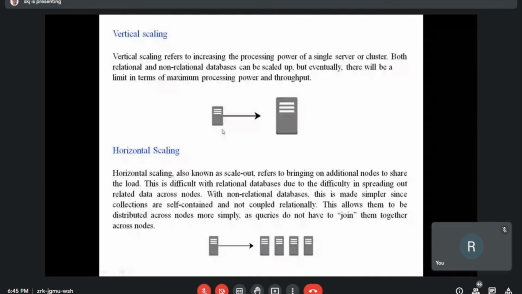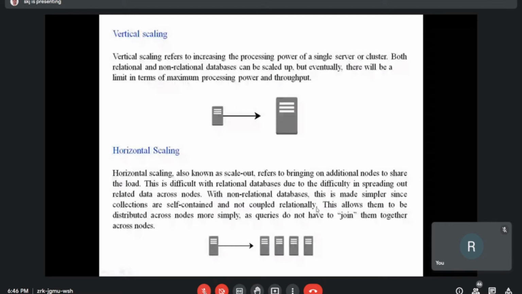But in the case of big data, that kind of relationship we are not using, so it becomes easy. This is difficult for relational databases due to the difficulty of spreading out related data across nodes. With non-relational databases, this is made simpler since the data is a collection of self-contained, not relationally coupled items.